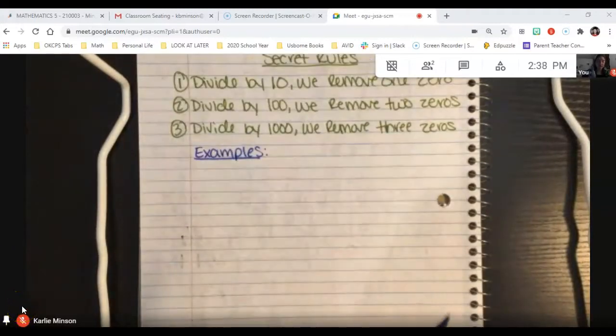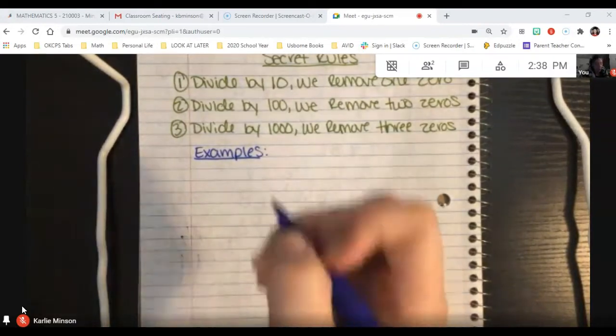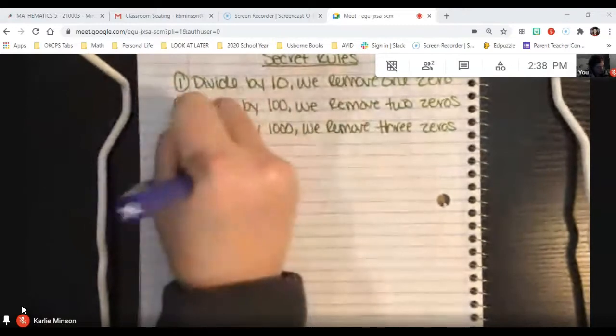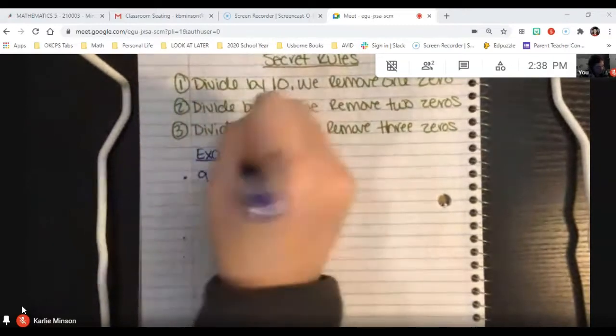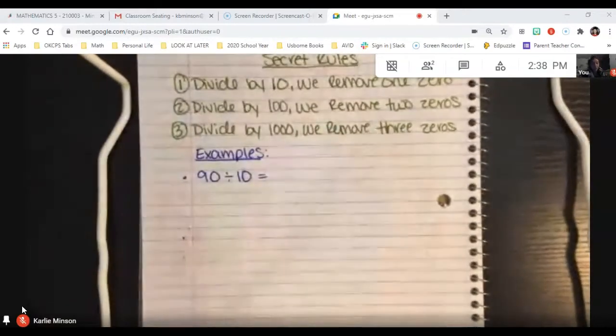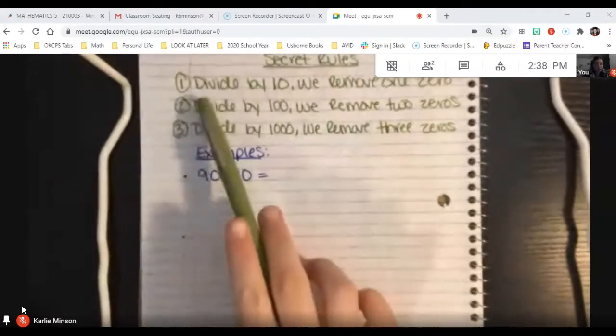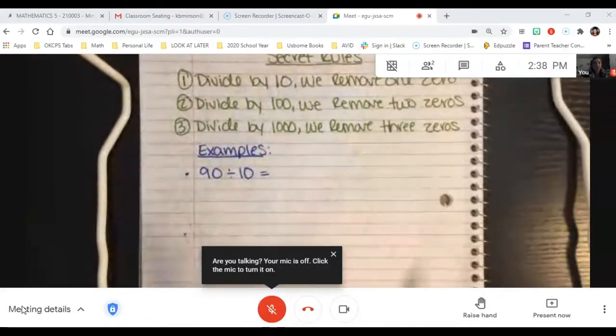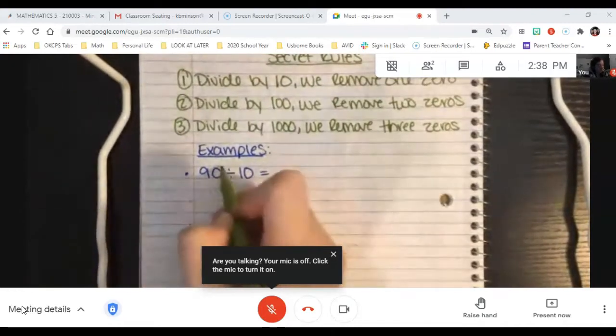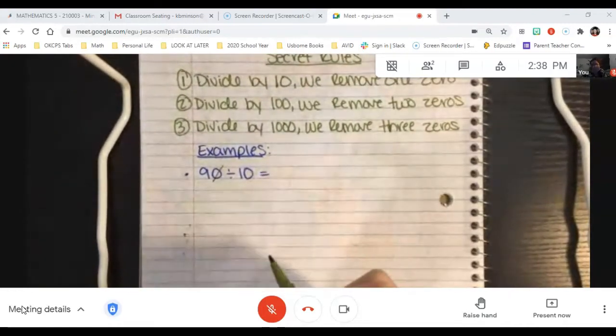All right, so let's do a couple examples to show what we mean. We're going to do a couple with 10, a couple with 100, and a couple with 1,000. Our first example is 90 divided by 10. If we look up here, it says when we divide by 10, we remove 1 zero, and it's always from the end.